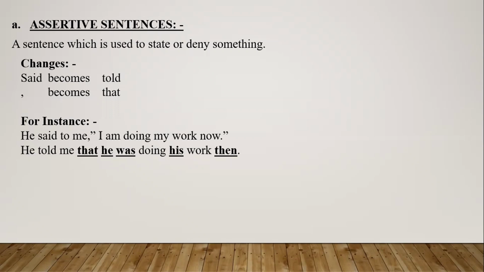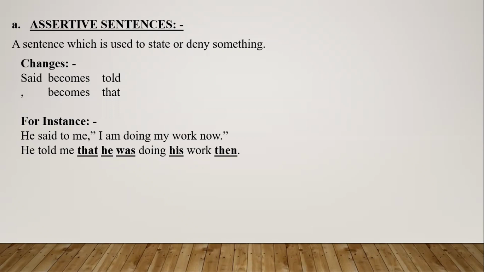The subject is he, so we replace I with he. Now you can observe the tense. Am doing shows present simple tense. Obviously, according to the change of tense rule, we have to convert that tense into past continuous.